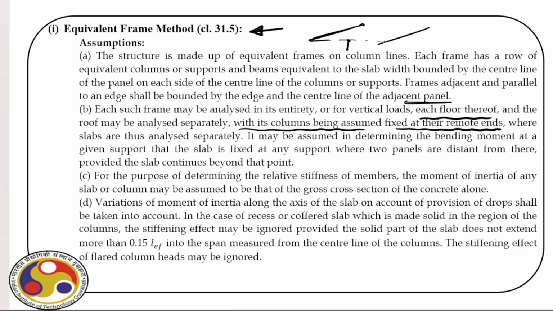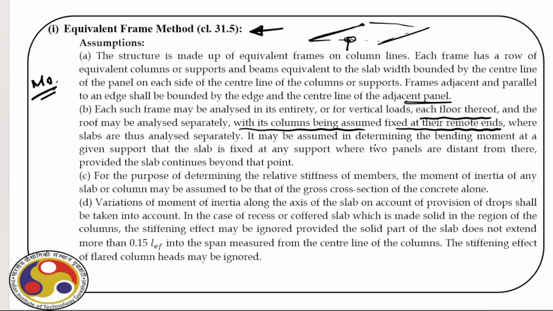If this is the slab at this point, and obviously at the bottom, we consider complete fixity, and thereby we analyze it. Recall the expression for M0, and then that we distribute at different locations with the appropriate proportions that we have already prescribed.